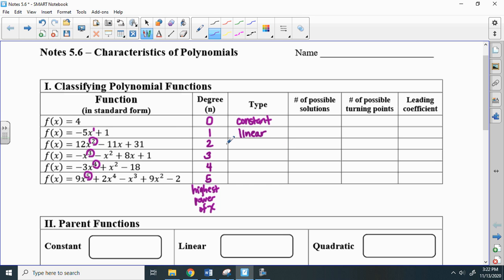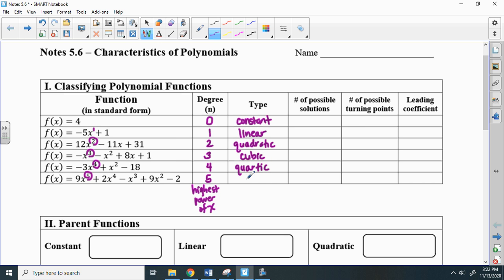When the degree is 2, remember those make parabolas. The name of that is quadratic. When the degree is 3, we call that a cubic function. When the degree is 4, we call that a quartic function.